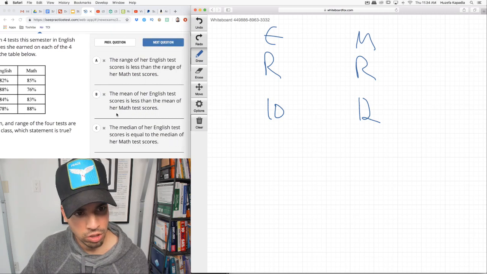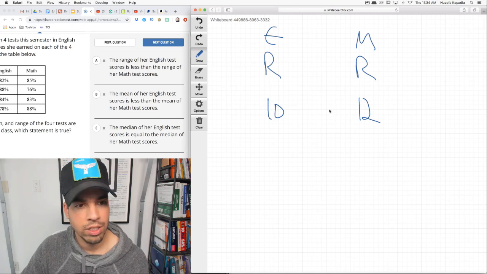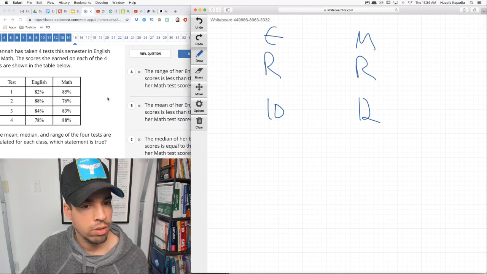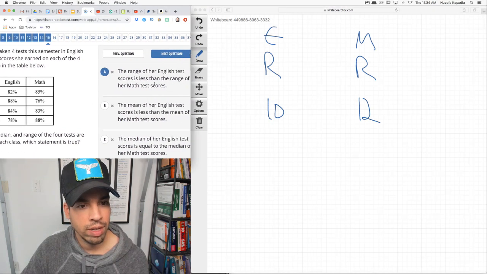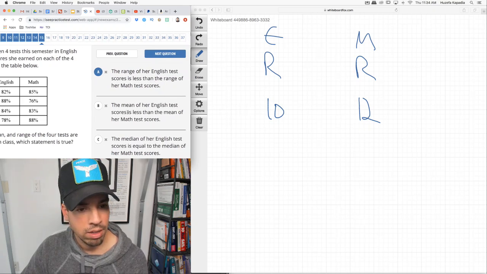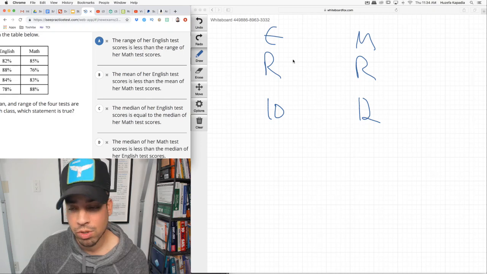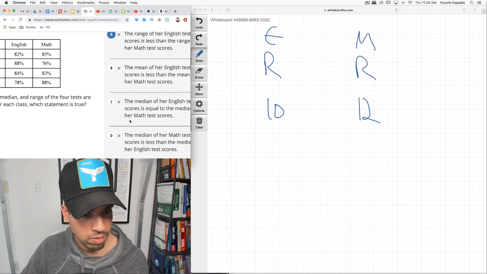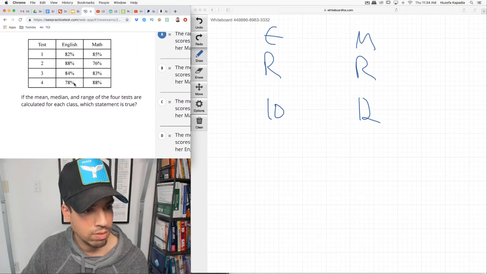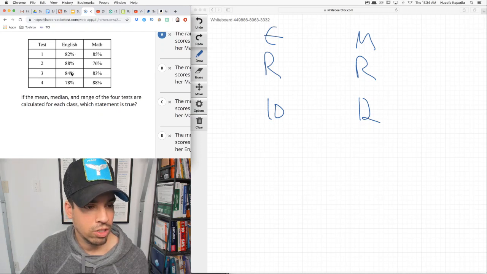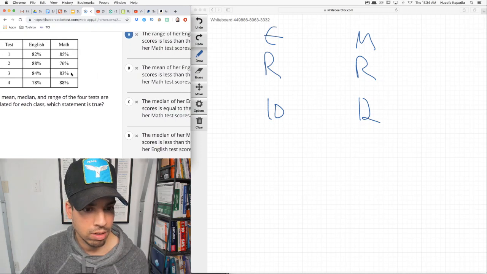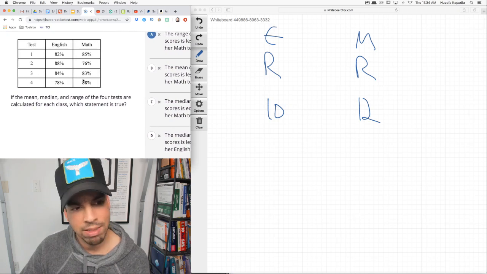Okay, the range of our English test is less than the range of our math. Which one is true or not true? A statement is true. This is it: range of English is less than math. This takes longer to calculate. I'm so glad that this is right. Equal? Hold on. The median of this is, I'm just verifying, the median of our English is 83, and then the median of math, it's the middle value.